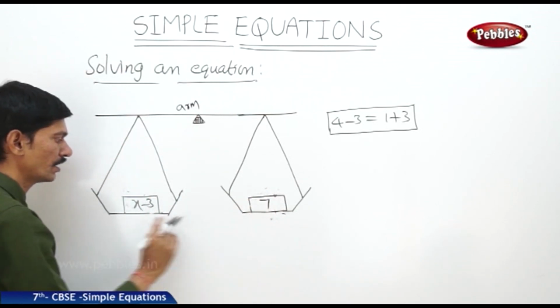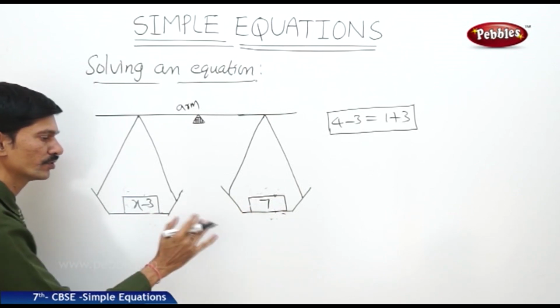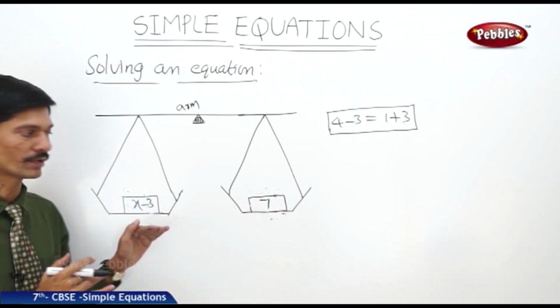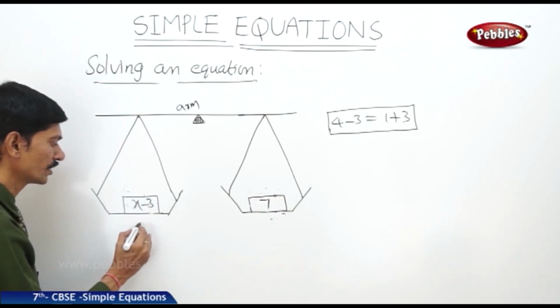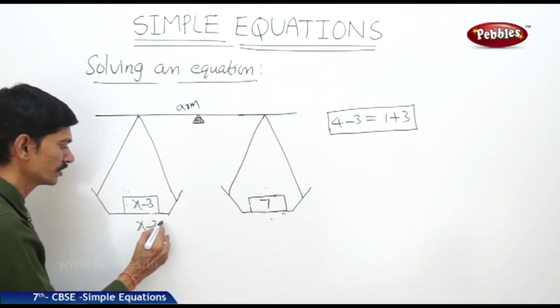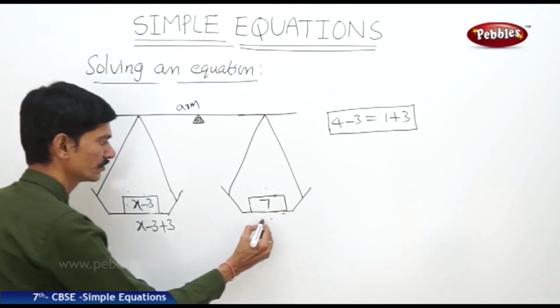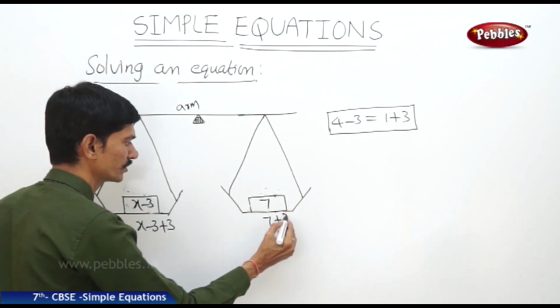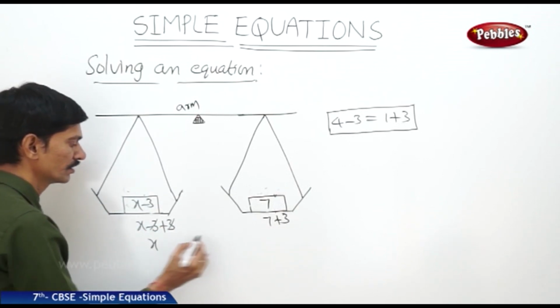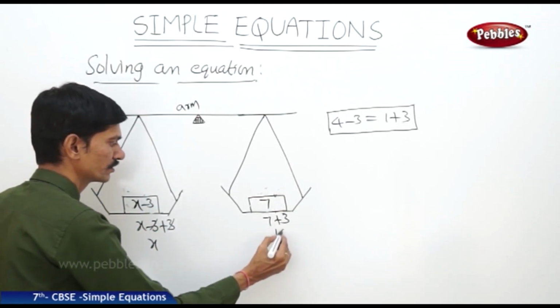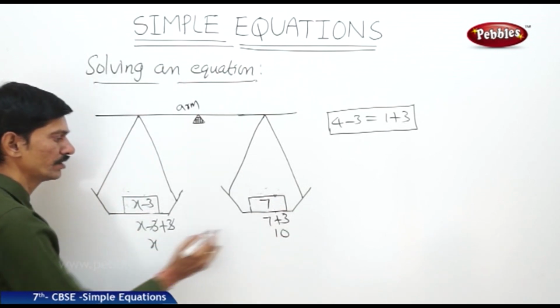Here we can add the same number on both sides, or subtract the same number from both sides. By adding 3 on both sides, we get x minus 3 plus 3 equals 7 plus 3. Here minus 3 plus 3 get cancelled, then we get x, and 7 plus 3 is 10.